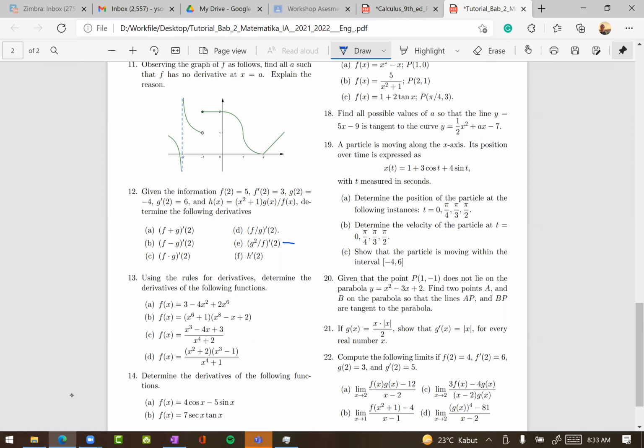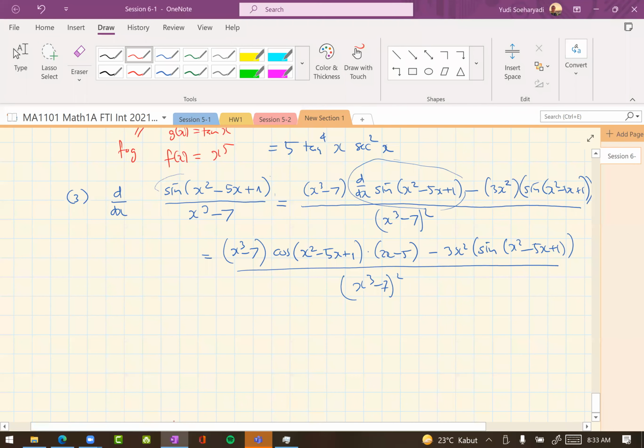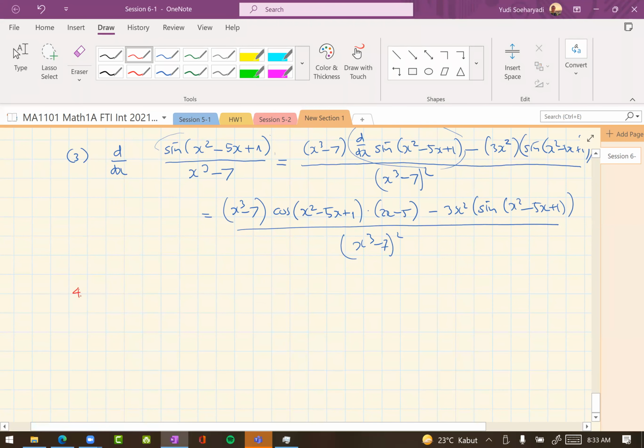We need to compute this one. Compute it at x equals 2.